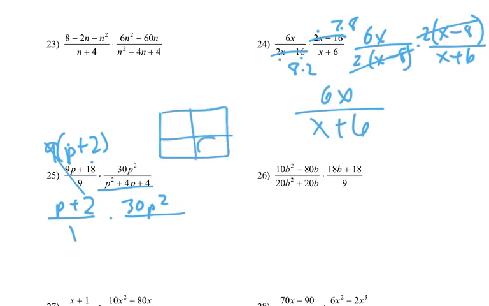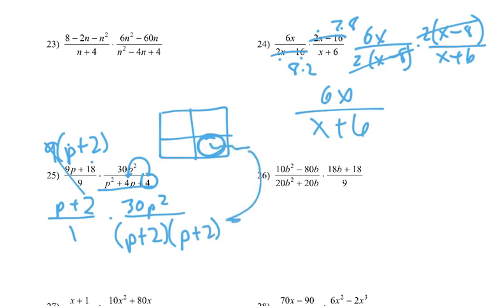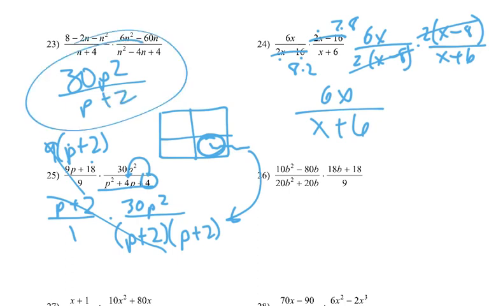Like I said, whatever factors of the last one add up to the middle one end up being the information. So I could just go factors of 4 that add up to 4 are going to be positive 2's. So I can skip that whole box method and just go down to here. Cancel a p minus 2, and I'm left with 30p squared over p plus 2. Can't do anything else with it.